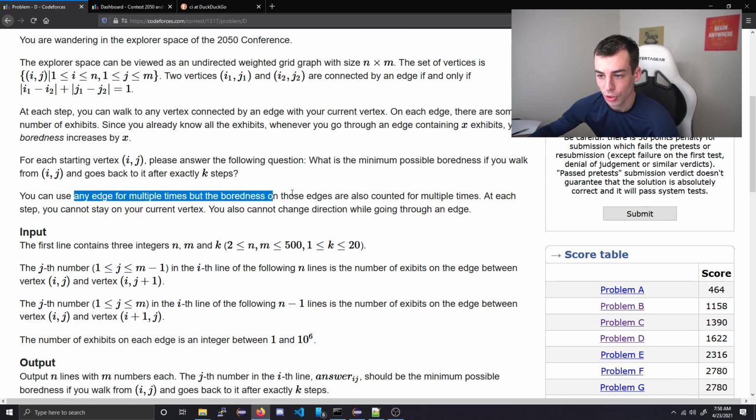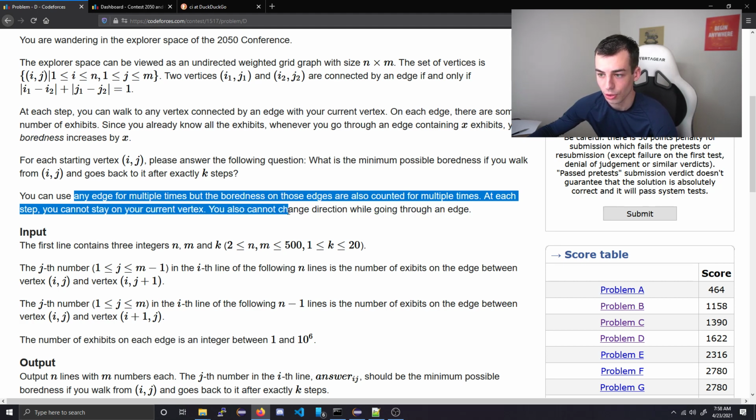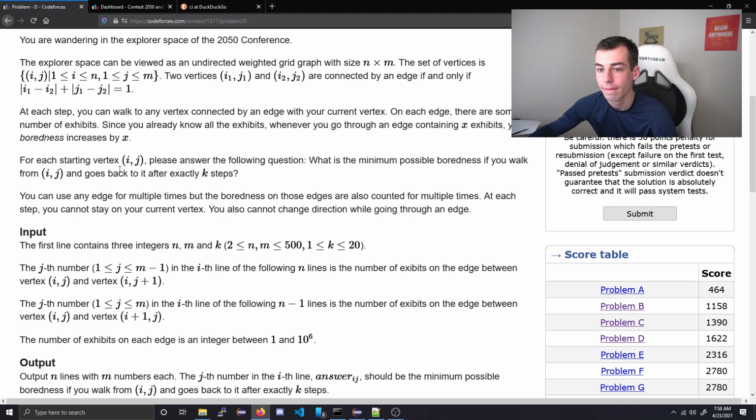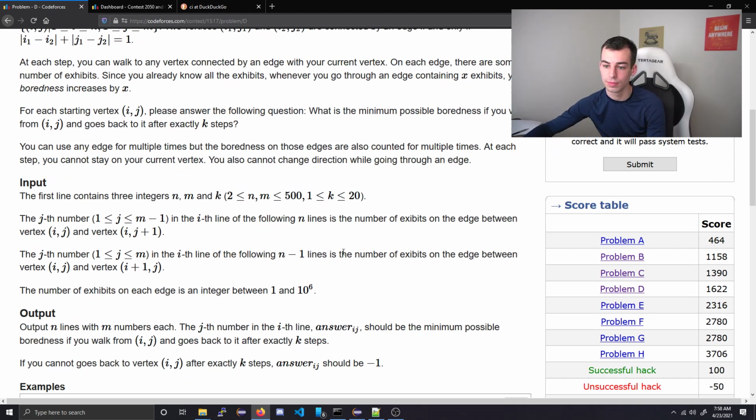You can use any edge multiple times, but the boredness of those edges is also counted multiple times. At each step, you cannot stay at your current vertex. You can also not change direction while going through an edge. If you walk from this place and go back to it after k steps, so you basically just have to take k steps, up to 20 steps.